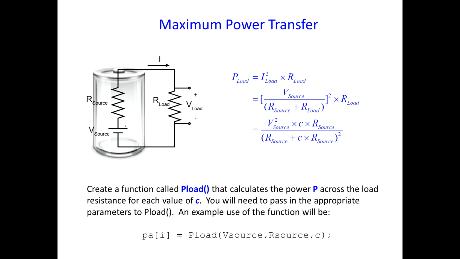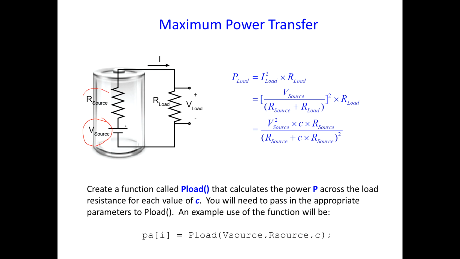Last time you computed the maximum power that can be transmitted across a load resistance. We will use this same problem, except what we want to do is create a function that will compute this power across the load resistance. We will need two parameters that will be passed in, because we have our voltage source that's been given by the user.